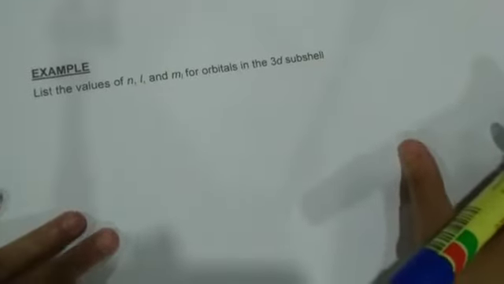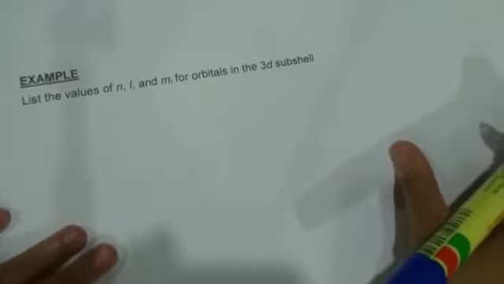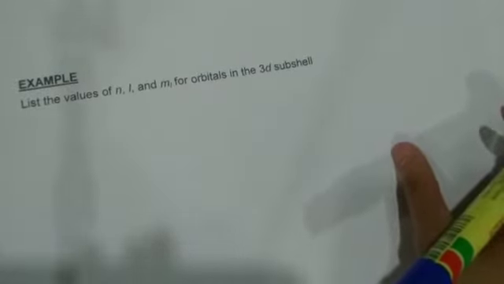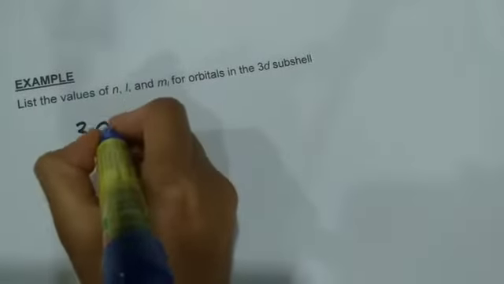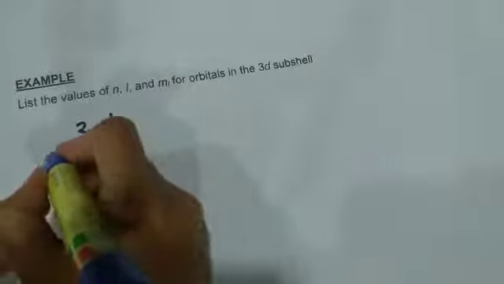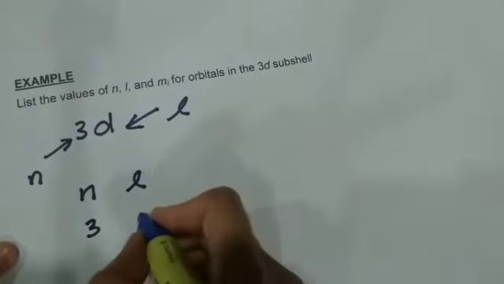List the values of n, l and ml for the orbitals in the 3d subshell. If you need to list the value of n, you just list it. In 3d, the 3 represents the n value and the d represents the l value. If n is equal to 3, your l value is 0, 1, 2.